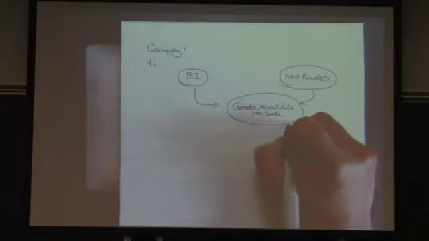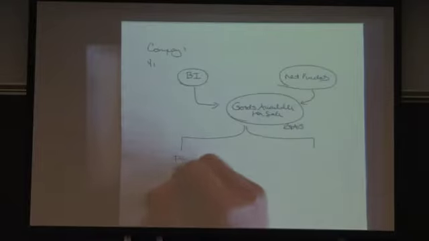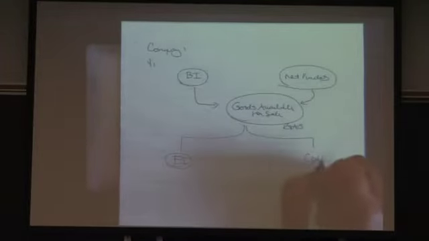I'm going to call that GAS for short. And then goods available for sale can either be ending inventory or cost of goods sold.